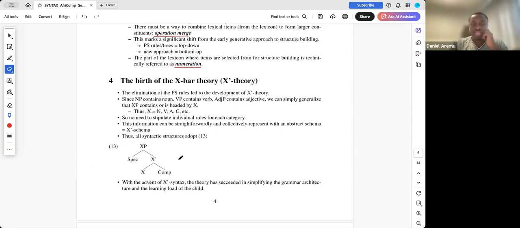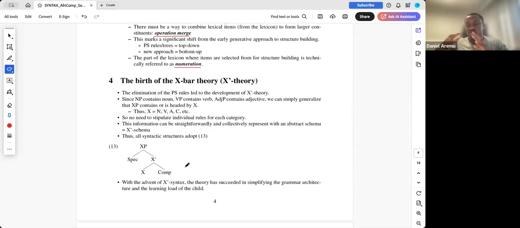For example, look at this structure in 13. The assumption is that this representation is actually in the mind, but we are representing what is in the mind using a tree. That is representation. Derivation is similar, but it is more like the act of doing it. You are deriving your structure, like when I talk about top-down or bottom-up, that's derivation.